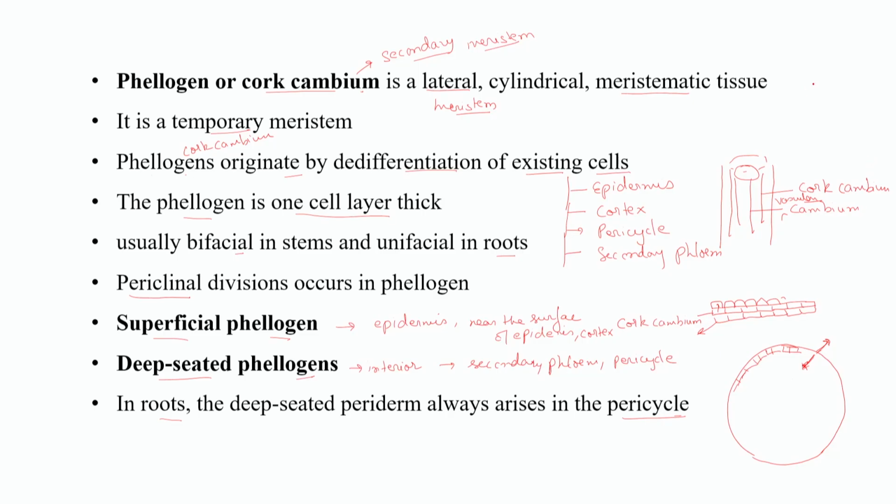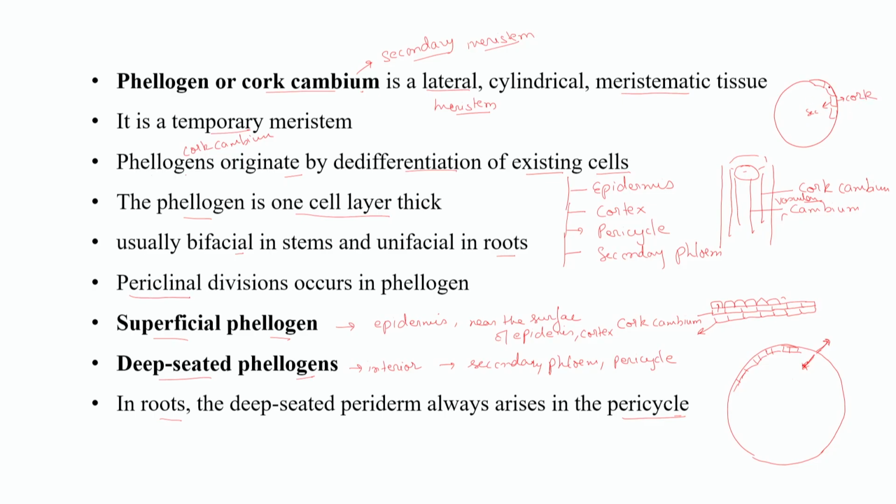Suppose the epidermis has changed its activity and has started giving rise to cork on the outer side and secondary cortex or the phelloderm on the inner side.